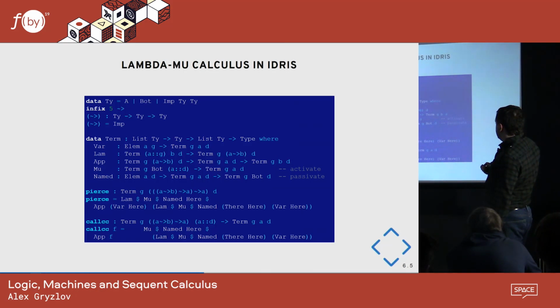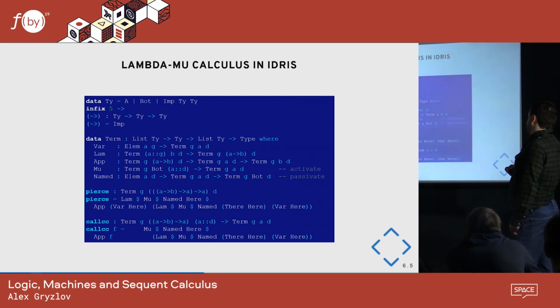So you just add these 2 terms, and you add this bottom type to the mu thing. Then the mu thing pops up the top continuation into the type, and the name thing applies. This element is the index of the continuation, so it applies this continuation. So this is how we would write this Peirce law. And actually, the Peirce law corresponds to what is known in programming as call CC, call with current continuation.